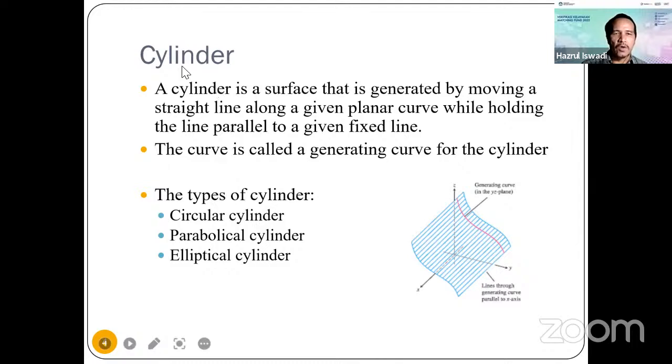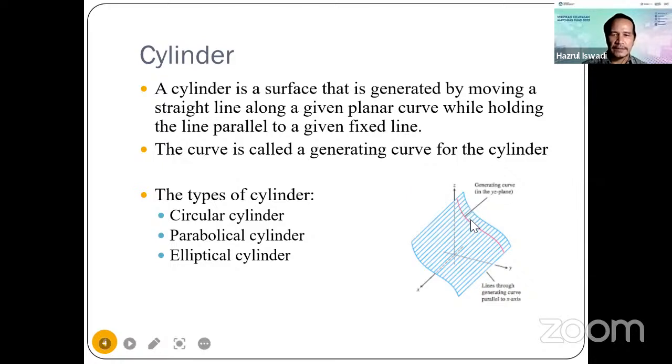Number one, we will talk about a cylinder. A cylinder is a surface that is generated by moving a straight line along a given planar curve while holding the line parallel to a given fixed line.